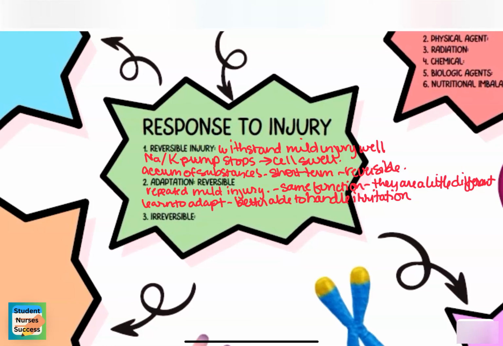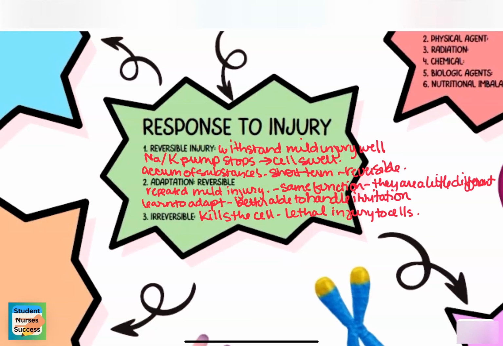Now, the third response to injury is what we call irreversible injury. And if it's irreversible, that means the trauma is so bad that it kills the cells. So we're not talking about a mild irritant, but we're actually talking about trauma so bad that it causes the cell to die.